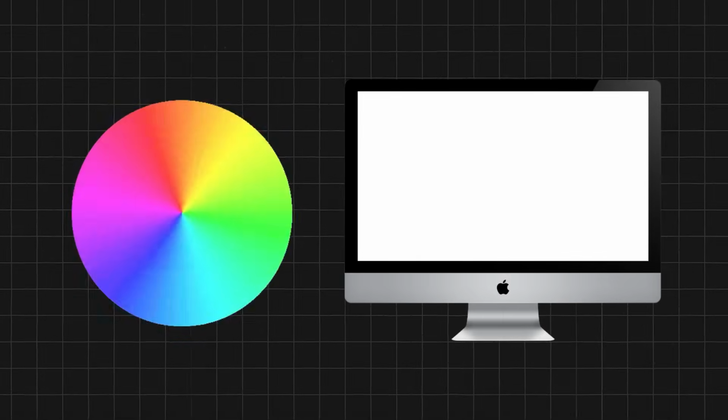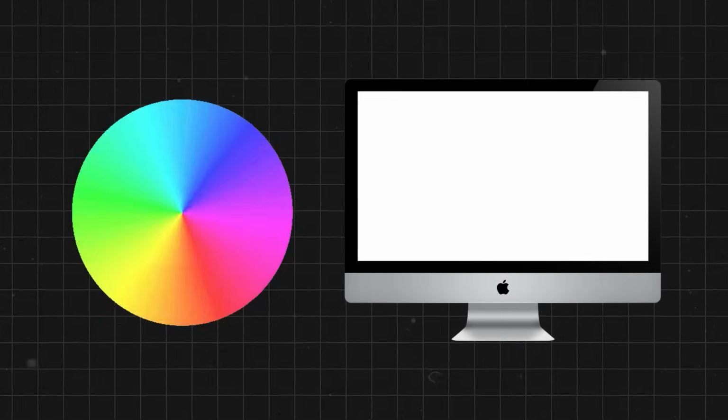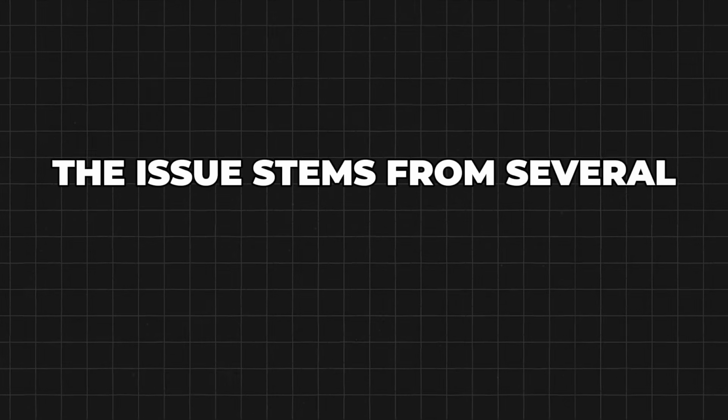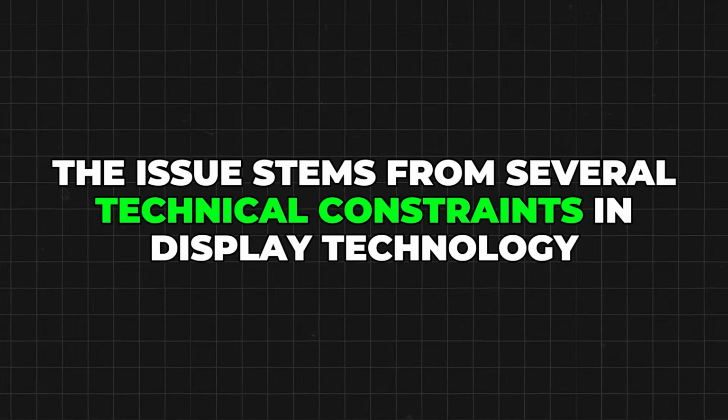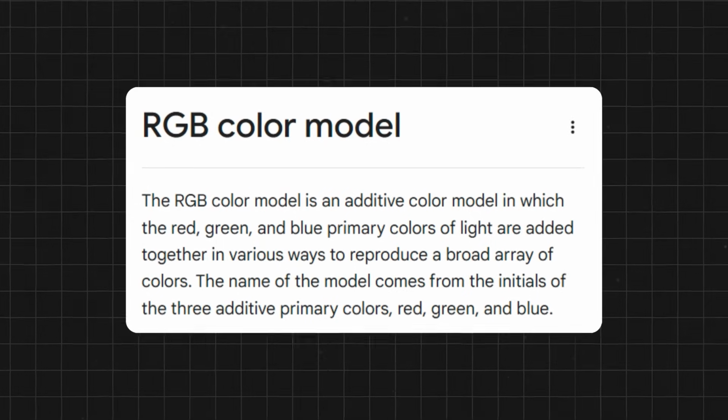Why? Computer displays fundamentally cannot reproduce pure spectral colors due to both physical and mathematical limitations in how they generate light. The issue stems from several technical constraints in display technology. First, the RGB system creates a mathematical impossibility.